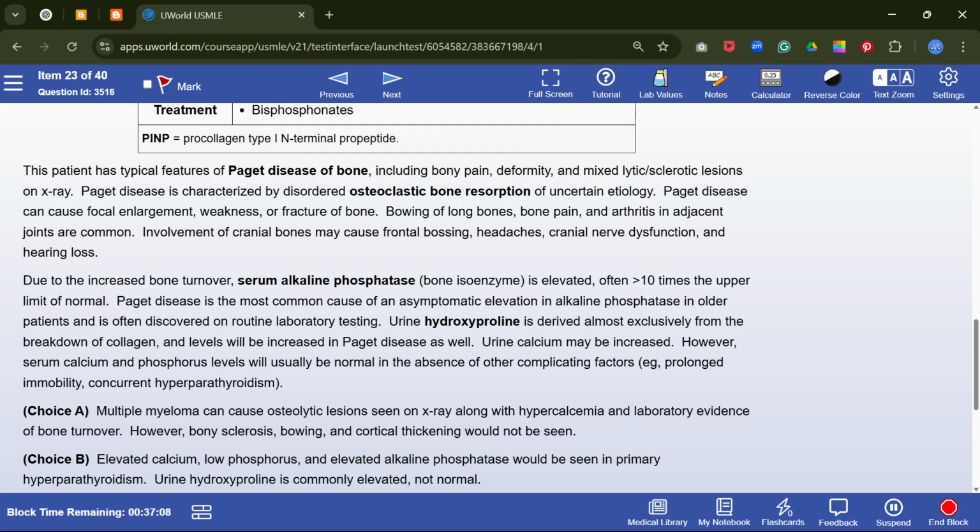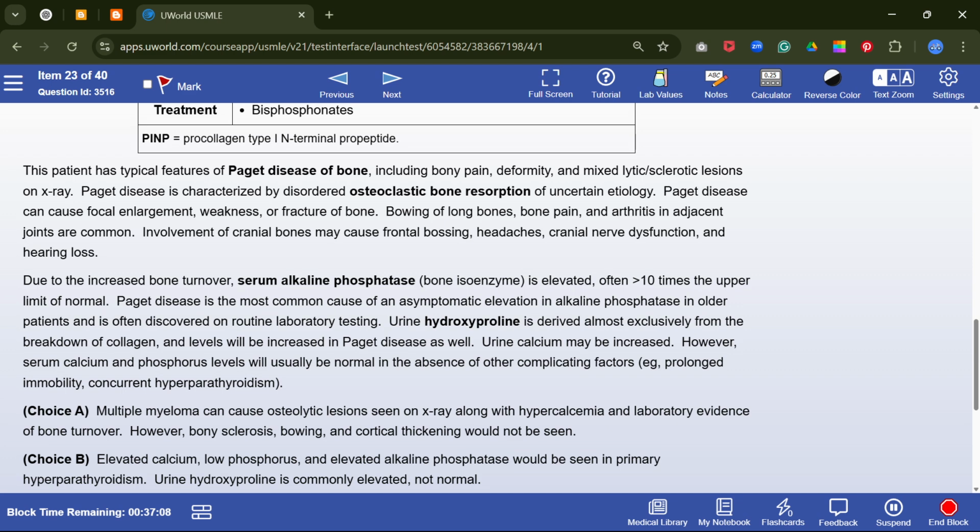Involvement of cranial bones may cause frontal bossing, headache, cranial nerve dysfunction, and hearing loss. Due to increased bone turnover, serum ALP is elevated, often more than 10 times the upper limit of normal.